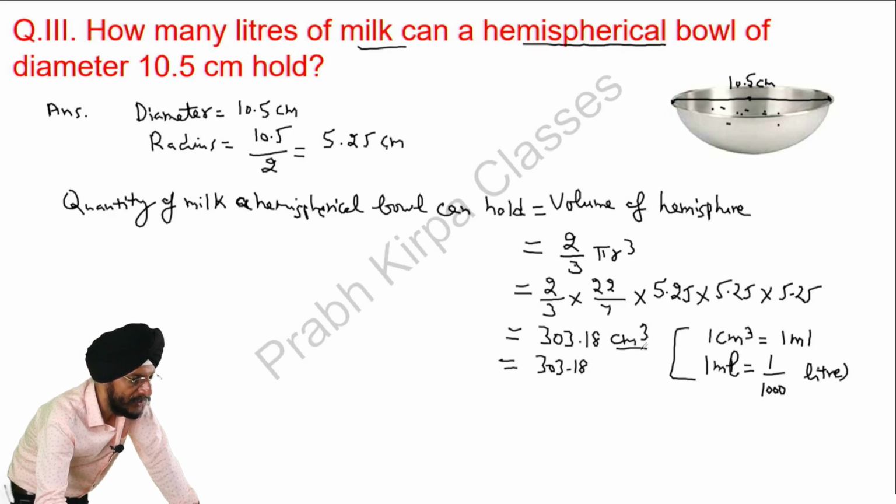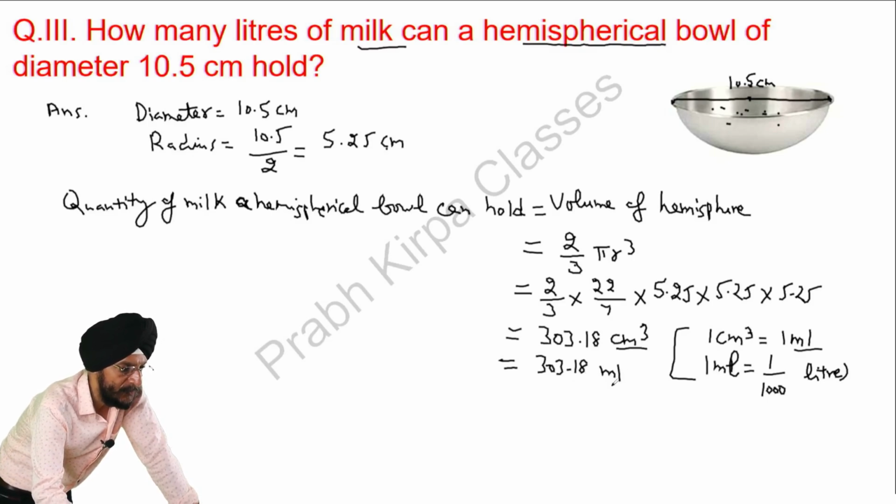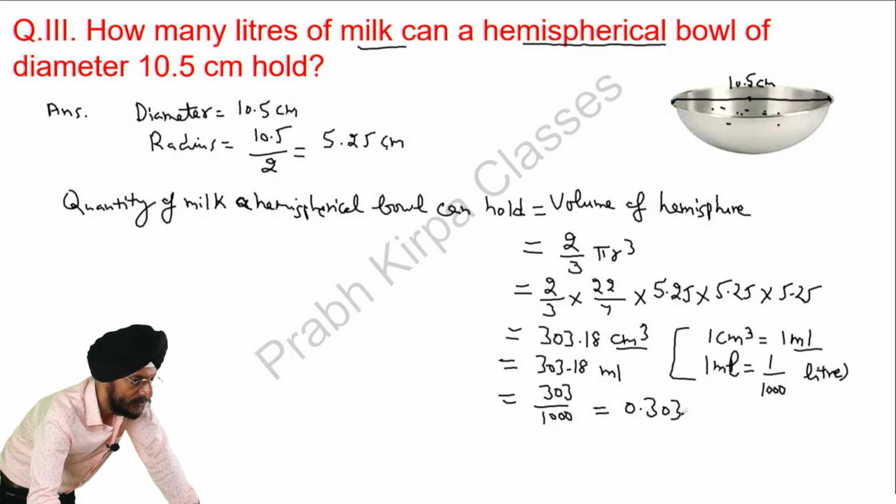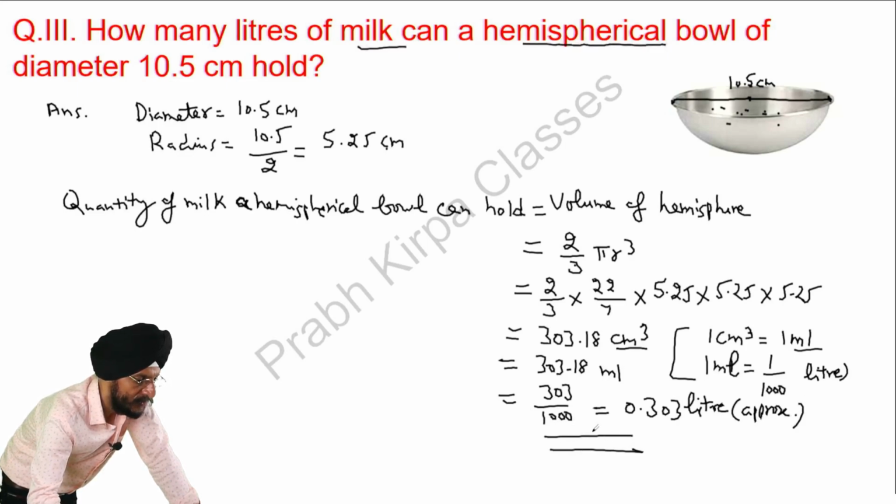So here 303.18 cubic centimeter is replaced by milliliter. So now we will convert this milliliter into liter. So what we will do, 303 over 1000. So what we will arrive at is 0.303 liter approximately. So this is the answer.